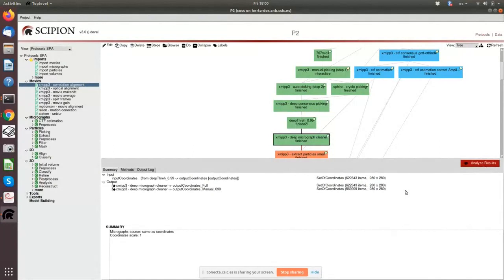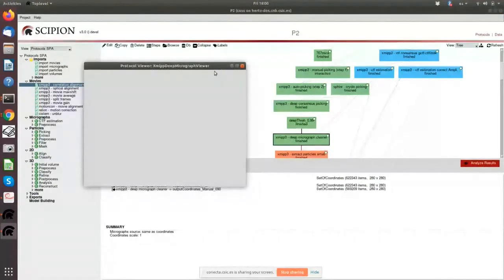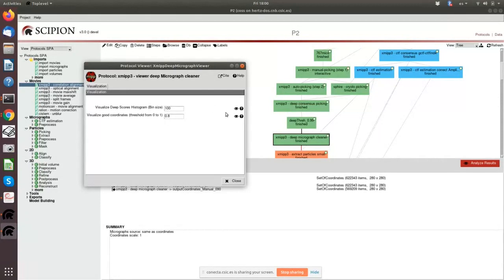And the analyzed results is, this is because of this connection. So you can see a histogram of the scores that this micrograph cleaner has assigned to each one of the coordinates.